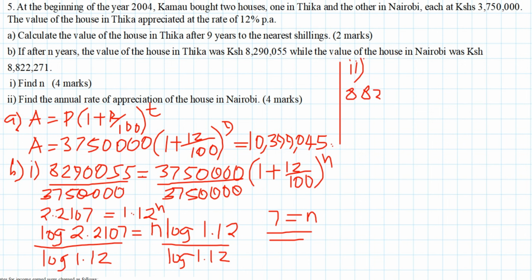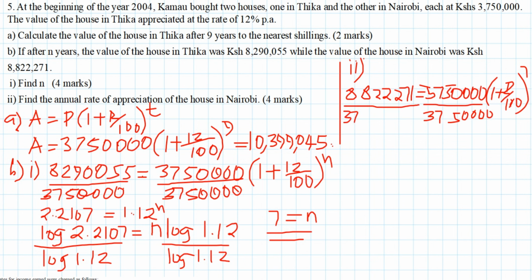We say that this was obtained by taking the original amount, our principal, 3,750,000, multiplied by 1 plus the rate, which we now don't know. So we put R, and then we raise that to the number of years it appreciated, which was 7. And here, for us to solve for R, first we divide by 3,750,000 on both sides.